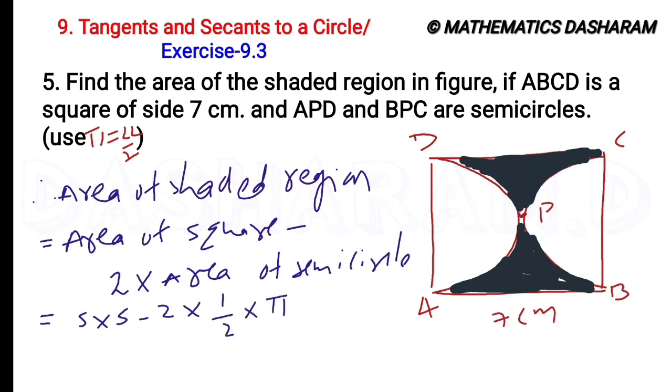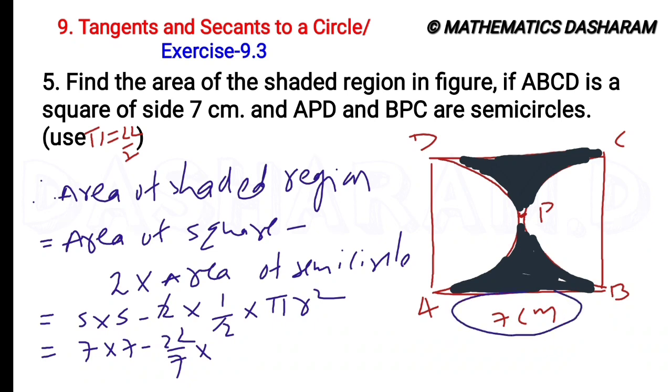So area of a square formula side into side minus 2 into area of a semicircle formula 1 by 2 into pi r square. So side is 7, 2 into 1 by 2, here we can cancel the 2, so then it is equals to 22 by 7 into radius of a semicircle. See here, side of a square is 7, then diameter of a semicircle will become 7.